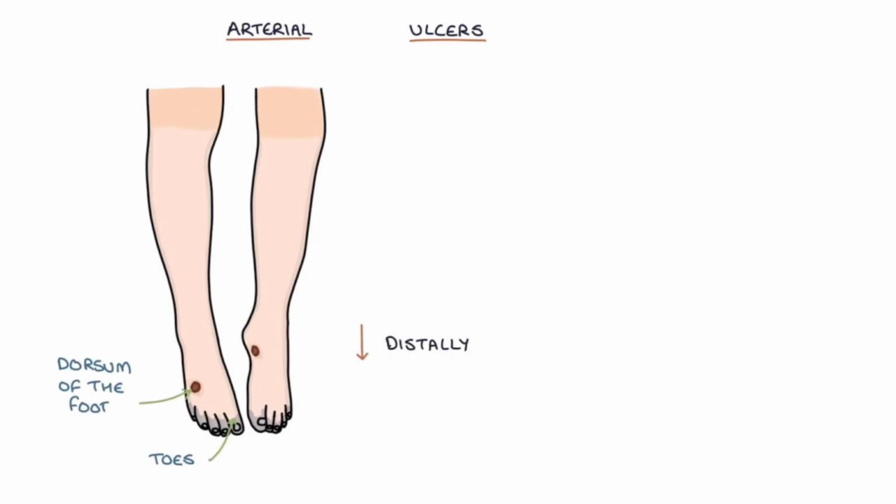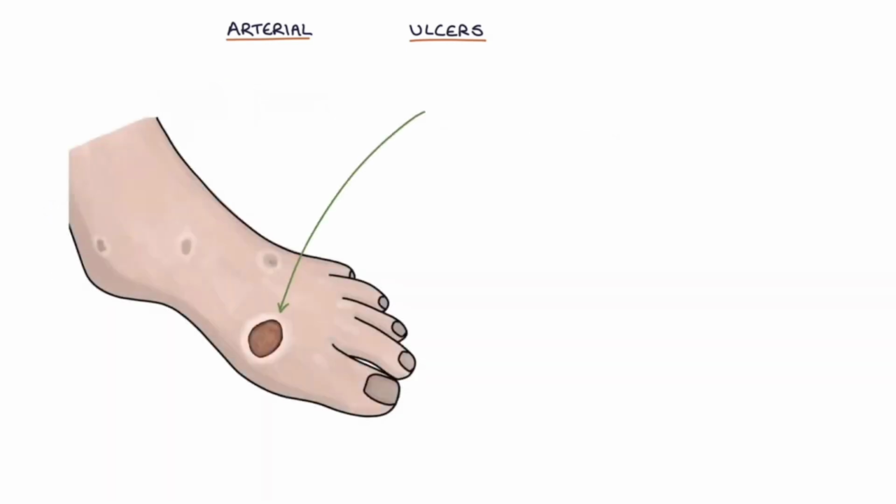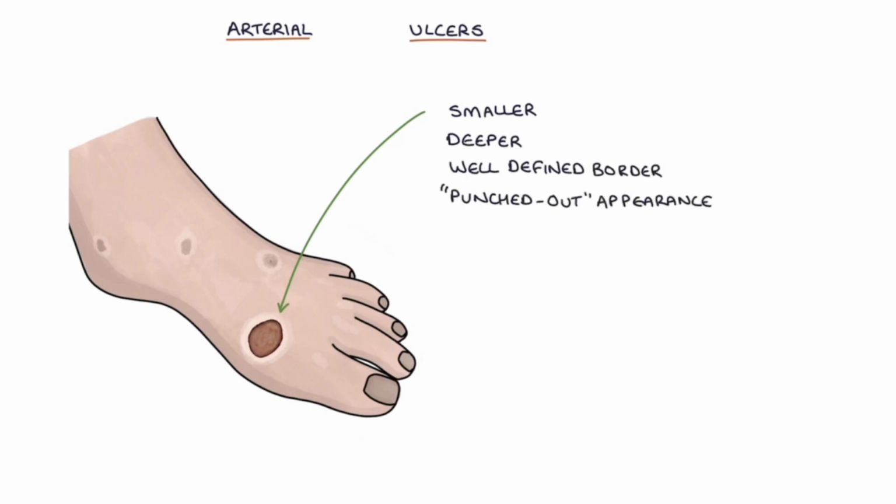They're associated with peripheral arterial disease, with absent pulses, pallor of the skin, and intermittent claudication symptoms. They're smaller than venous ulcers. They tend to be deeper than venous ulcers. They have a well-defined border and a punched-out appearance. They're pale in colour due to the poor blood supply.